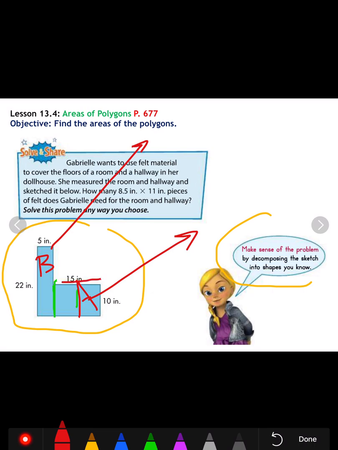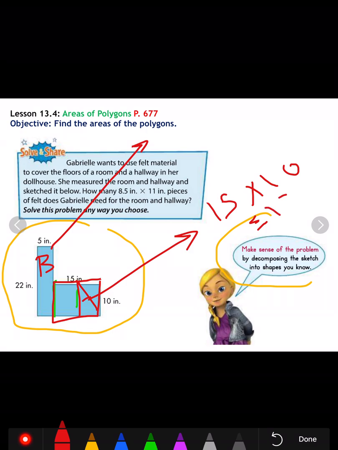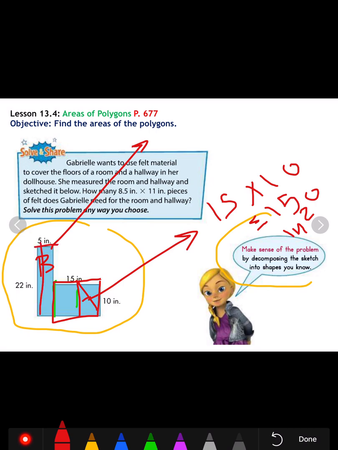So for rectangle A, I multiply the length, which is 15, by the width, which is 10, equals 150. Remember it's area, so it's inch squared. Now what about B? Also we have the width 5 and the length is 22.